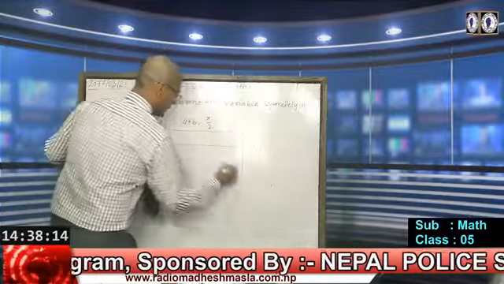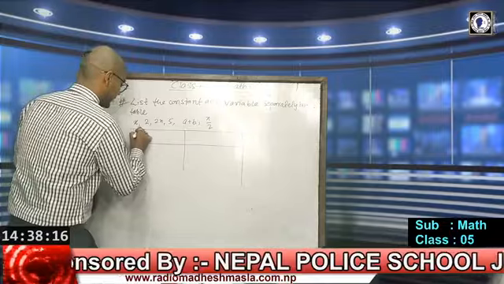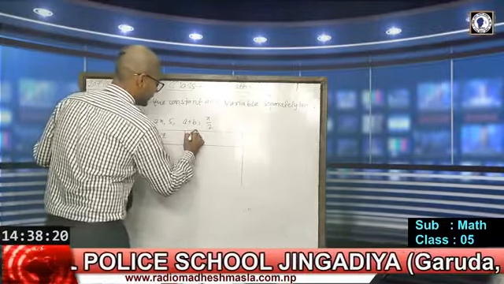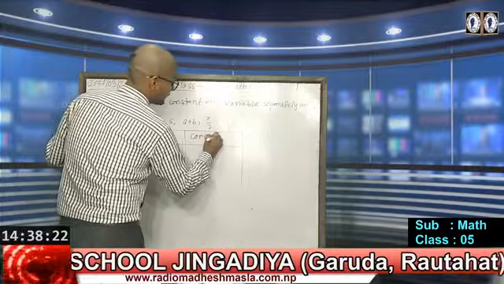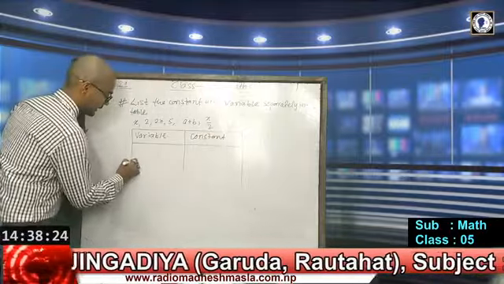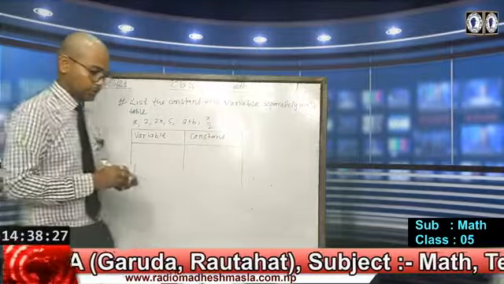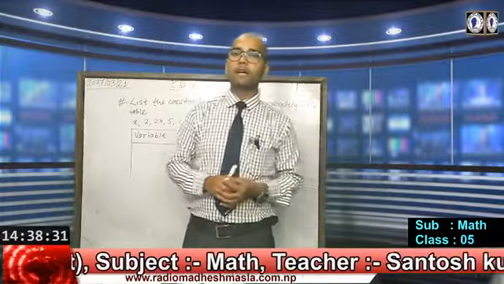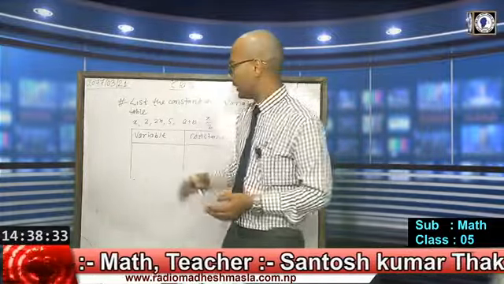The table is divided into two parts. One side should be written variable and the other side should be written constant.